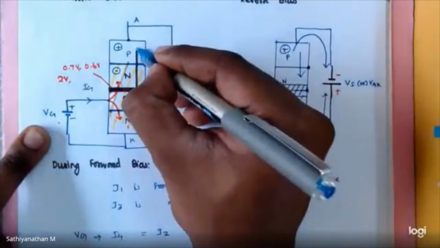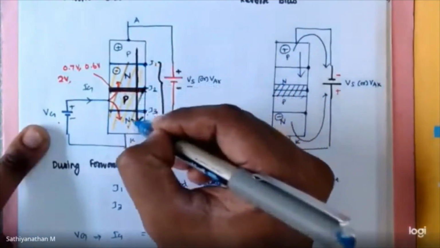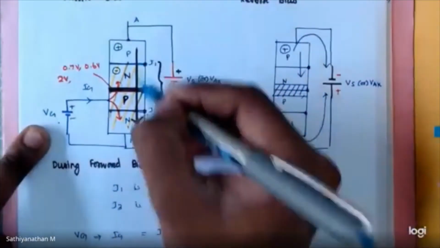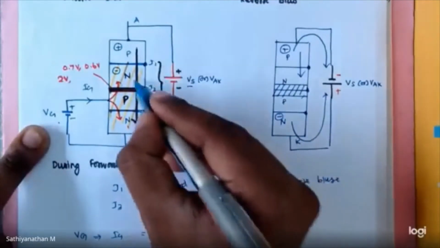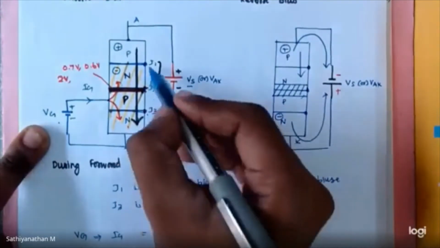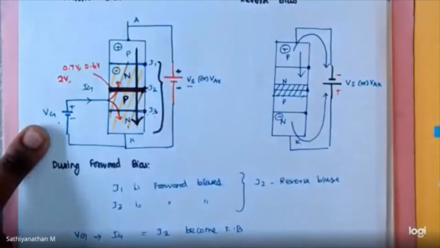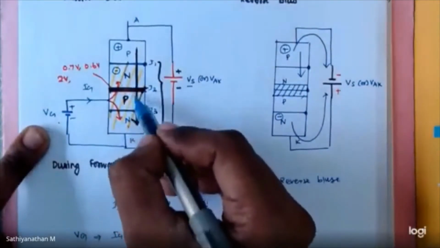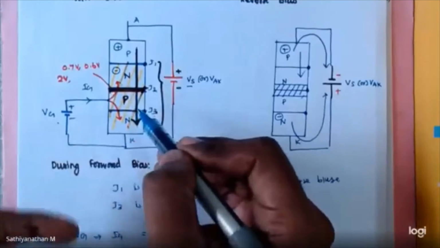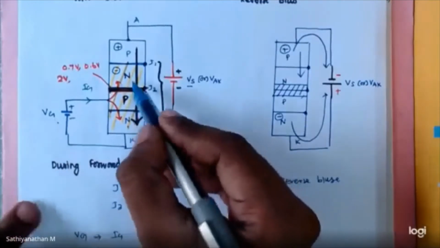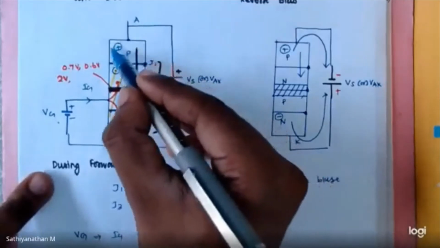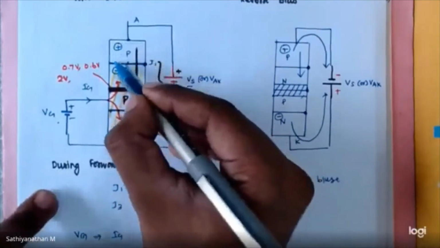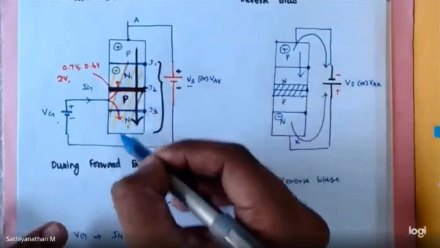So it carries a maximum amount of current through all the layers. J1, J2, J3, all the 3 layers, N, P, N, will act as an N layer because it starts to conduct. This layer starts to share electrons from these layers. So after conduction, you have one P layer and one N layer.